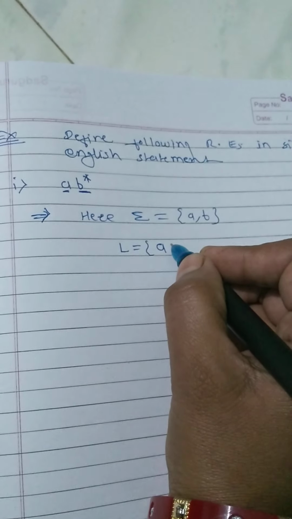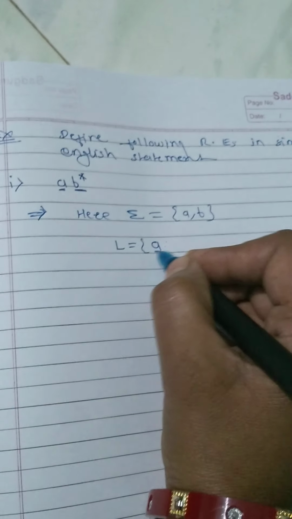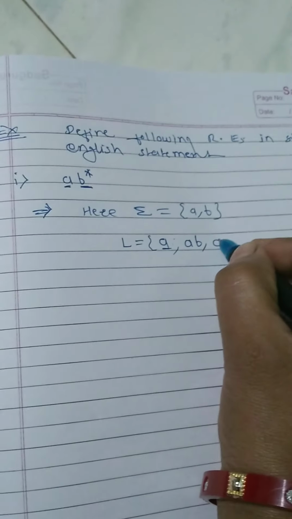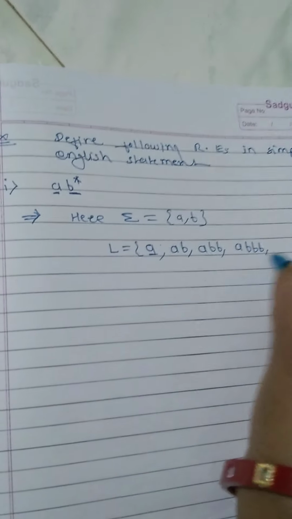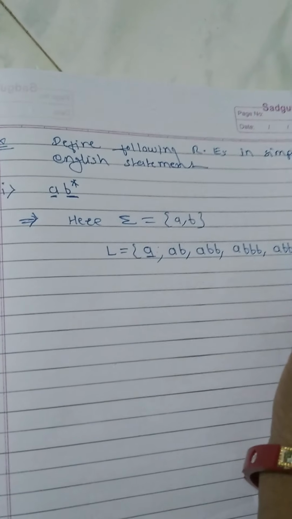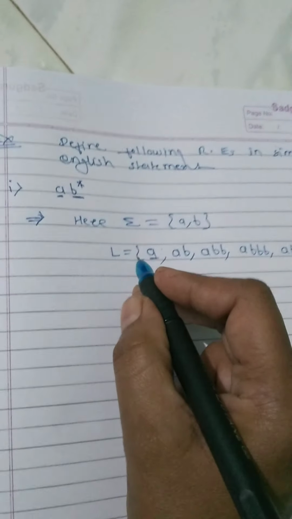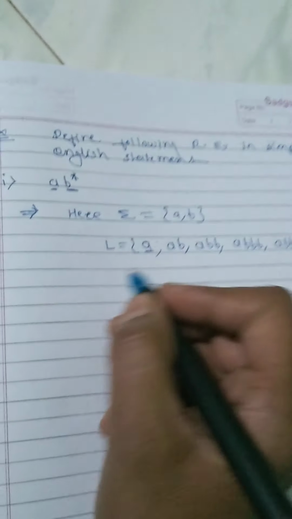If I write here 0 occurrence of B, then nothing to write, that means simply A. Then A for 1 occurrence, then 2 occurrences, then 3 occurrences, then 4 occurrences, and so on. So this is the set which can be generated from this regular expression AB star.